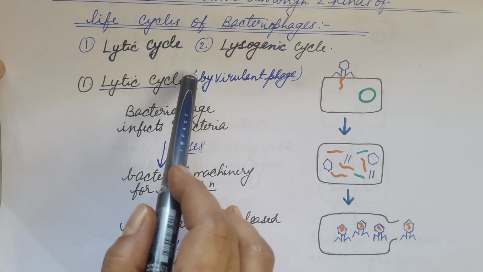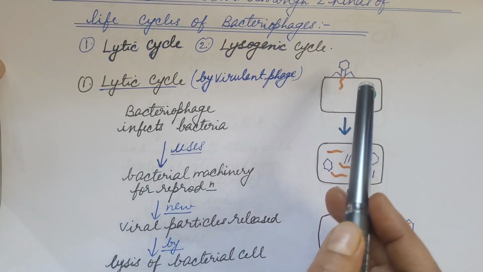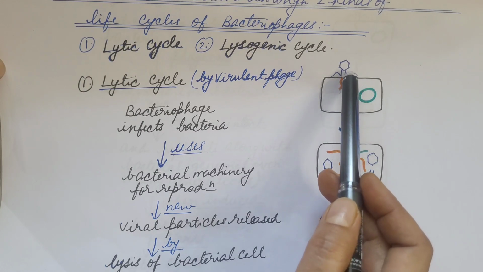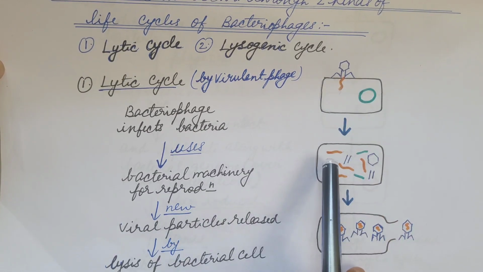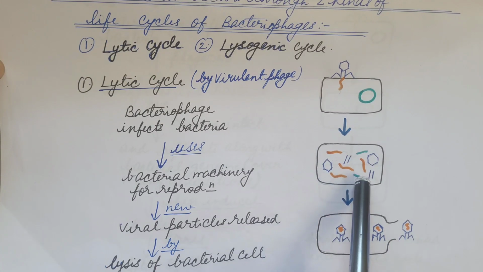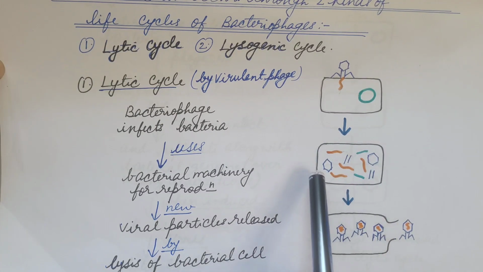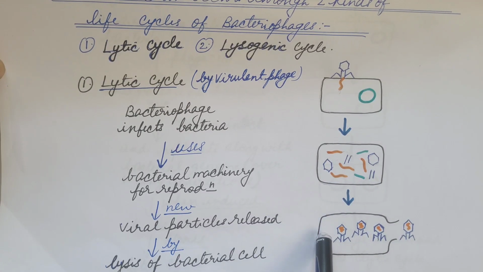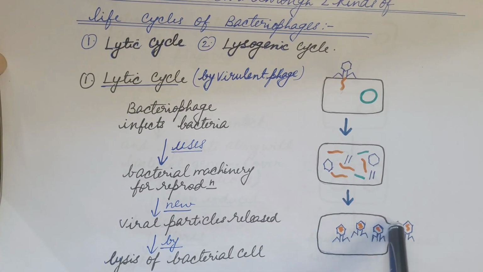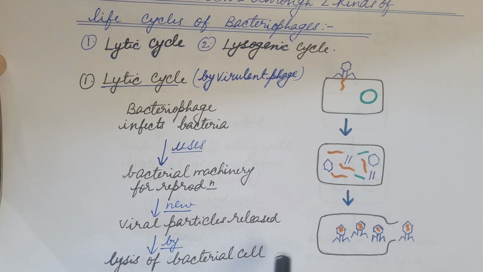The lytic cycle occurs by the virulent phage. The bacteriophage virus infects the bacterial cell and injects its genetic material. Then it starts multiplying using the host machinery. Once viral particles are packed, they are released by the lysis of the bacterial cell. This is known as the lytic cycle.